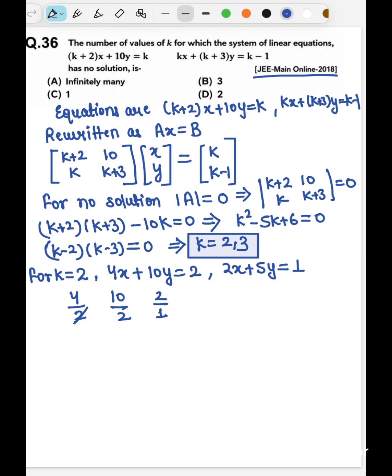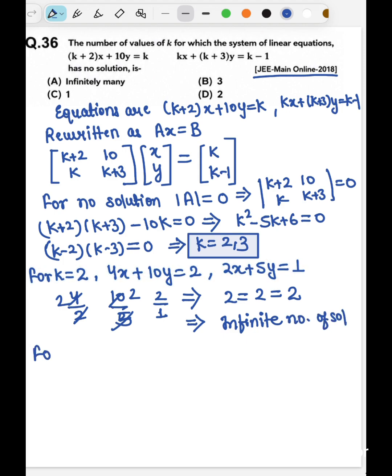This is equal to 2, equal to 2, equal to 2. So this is the condition for infinite number of solutions.